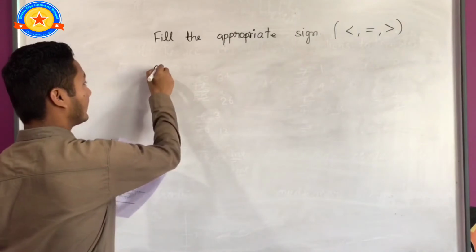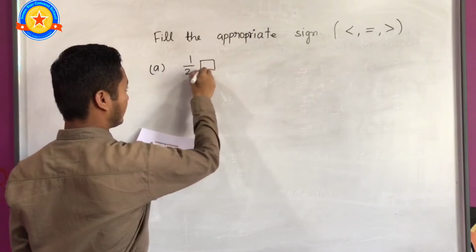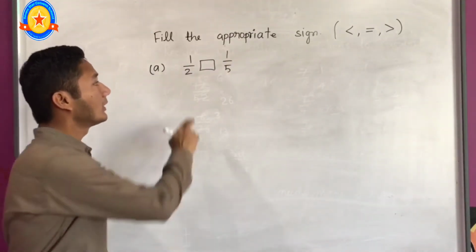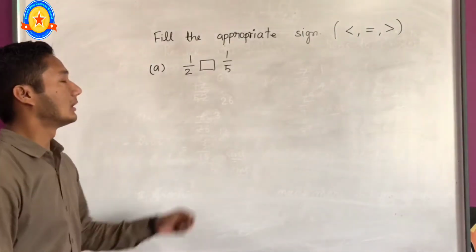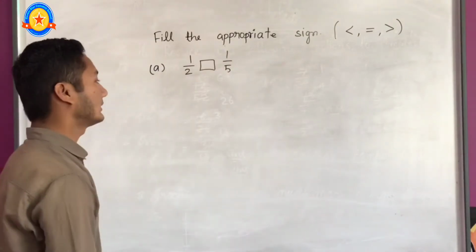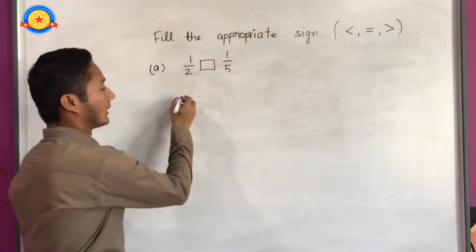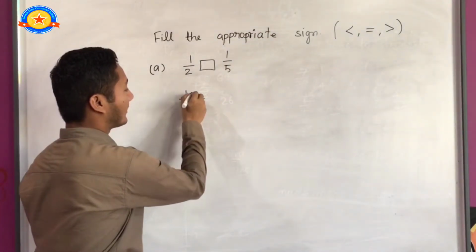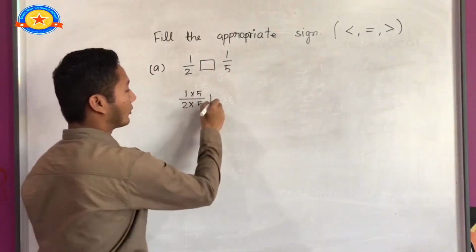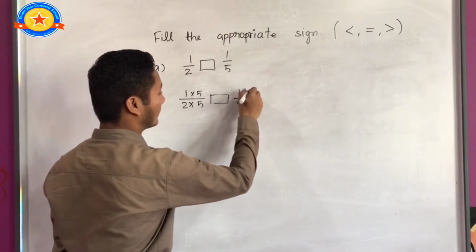The first part is 1 by 2 and 1 by 5. Now we need to first compare the denominators. We have to make the denominators equal, then we will compare the fractions. For making the denominator equal, we multiply 1 by 2 by 5 and 1 by 5 by 2.